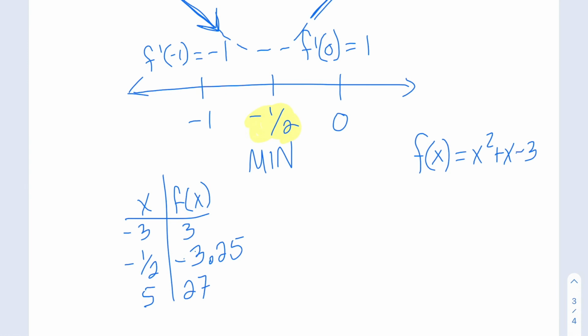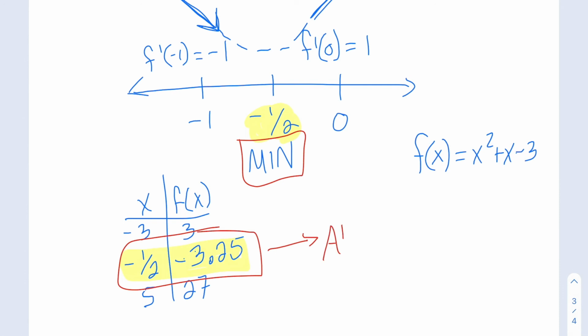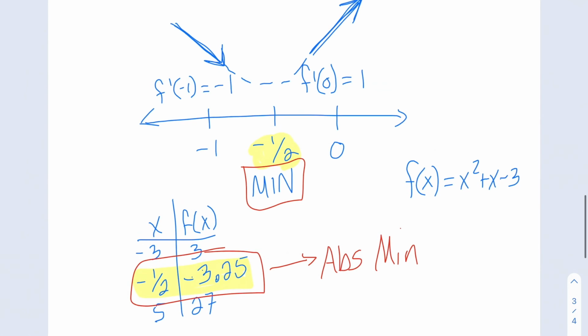So once checking those endpoints, we see that the critical point of negative 1/2 did in fact have the lowest value of the function across that interval, which means that this point here is not just a local minimum value, but, as we confirm here, this is our absolute minimum value for your function across that interval.